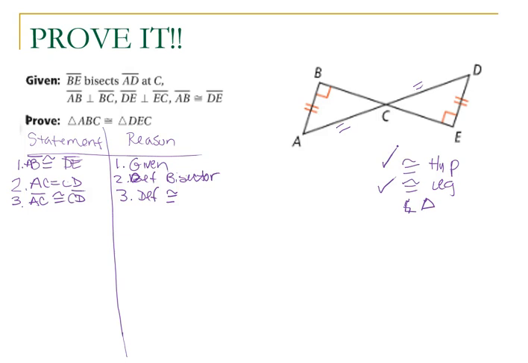All I need to do now is prove them both to be right triangles. Well, I'm going to cheat a little bit and put these two together. I know that angle B and angle E are right angles, and I know that because of the definition of perpendicular.